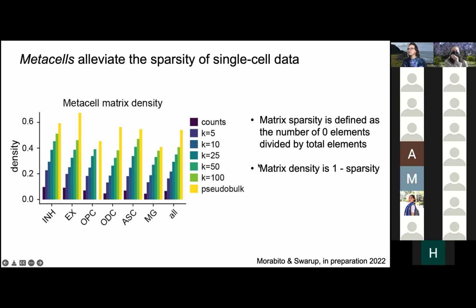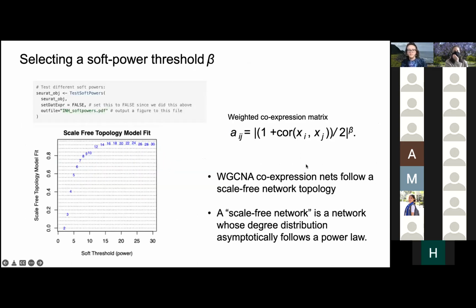Okay. Anyways, there's one more parameter that is really important for WGCNA, which is called the soft power threshold, or beta. I didn't want to talk too much about math, but this equation is actually the formulation for the co-expression network.